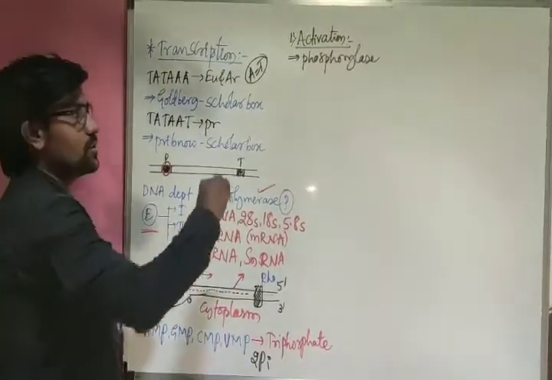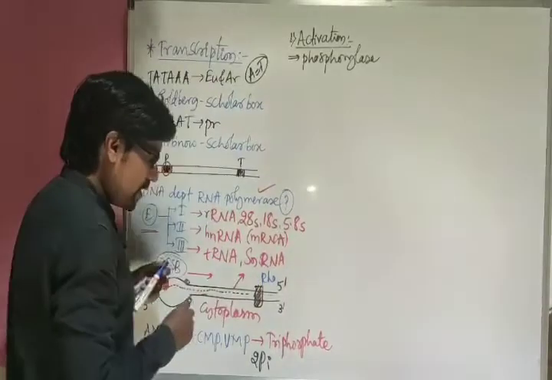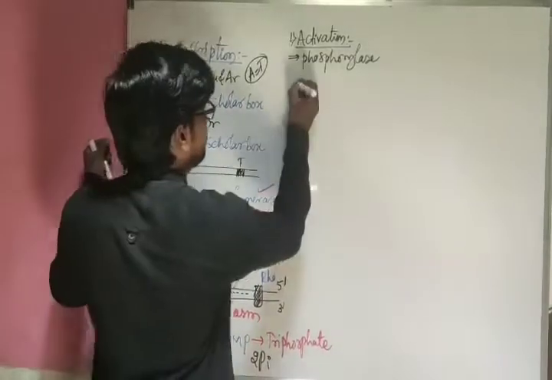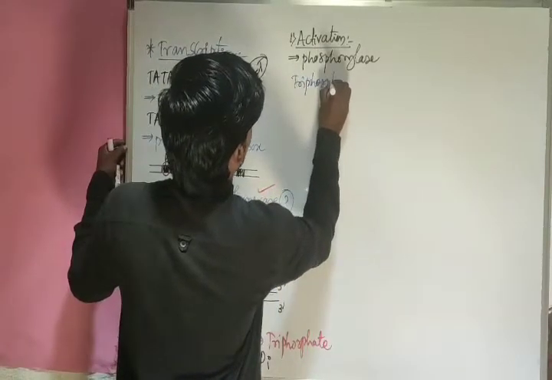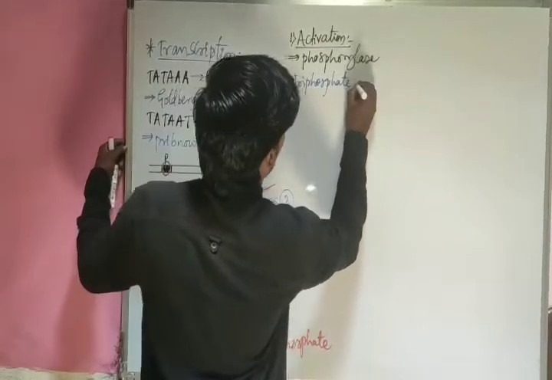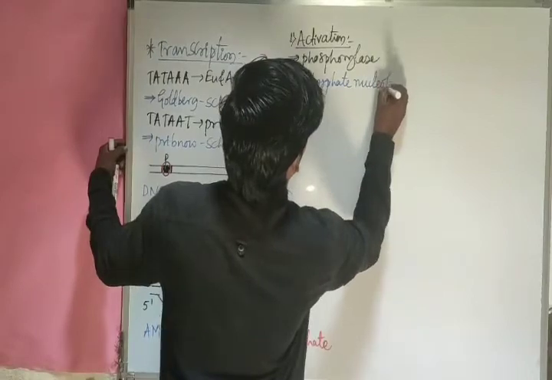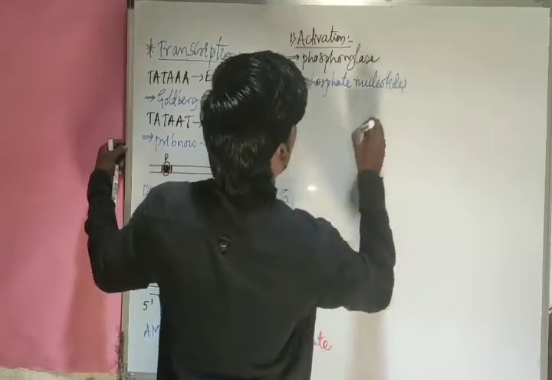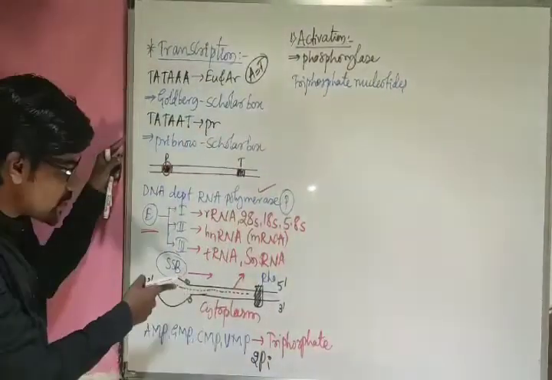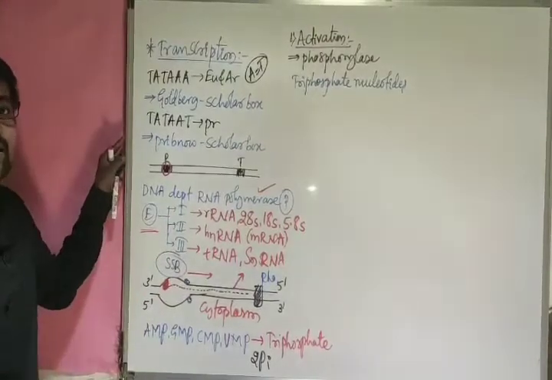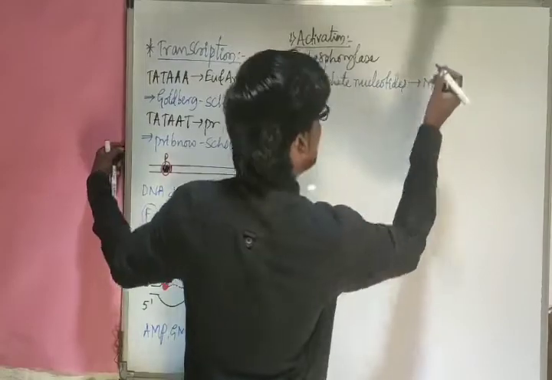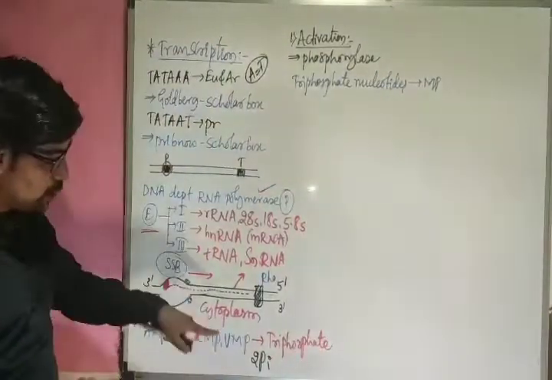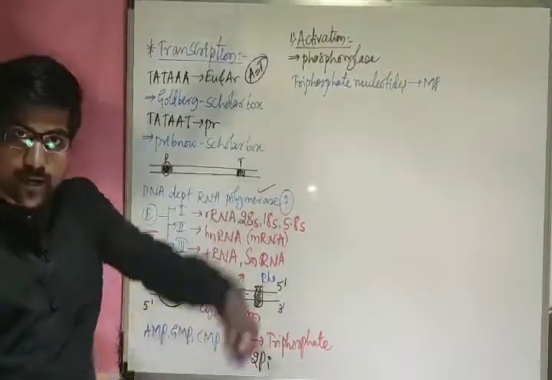Yes. And one more thing, when triphosphate nucleotides are attaching to the template DNA strand, at that time once again they get converted into monophosphate forms. That means again 2 inorganic phosphates are removed once again.